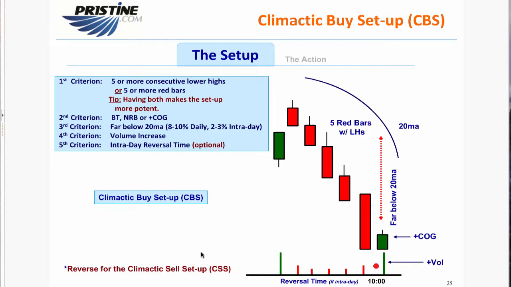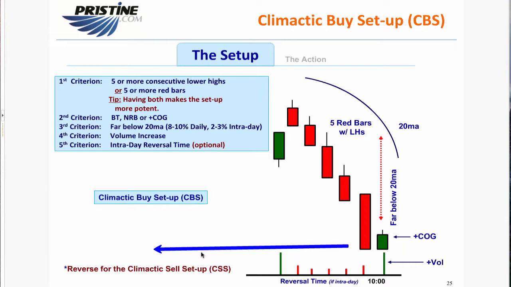So you want to see that there is support over to the left so that you've got a reason why buyers are going to show up. That would be the other piece of information that I would require personally. Or resistance if it were a climactic sell setup.